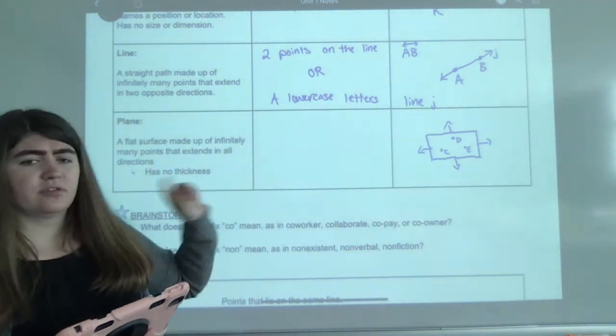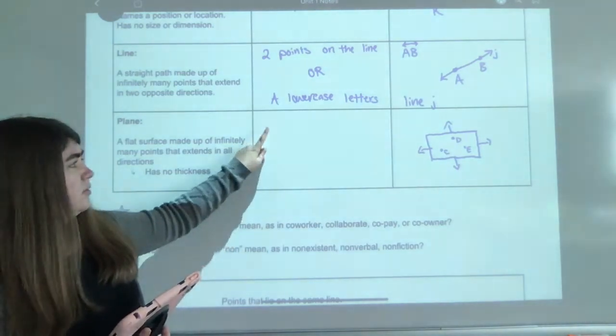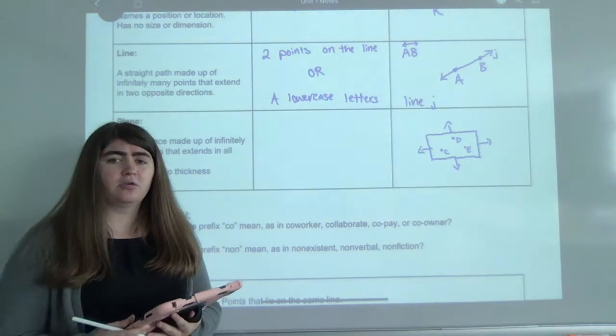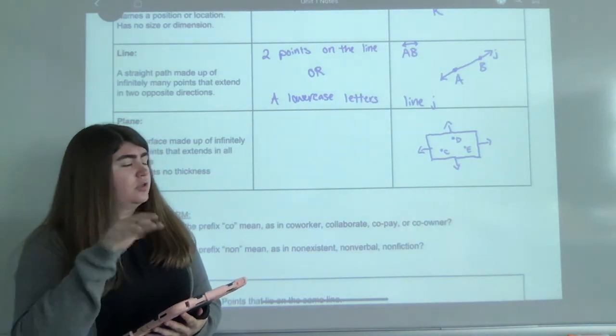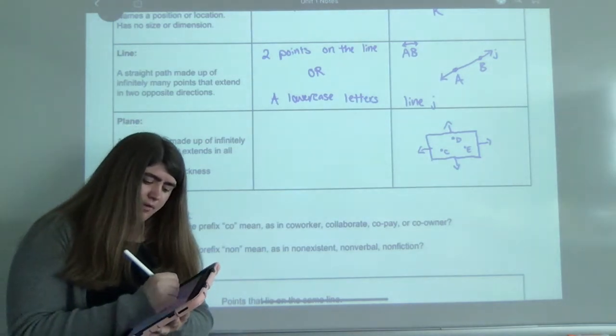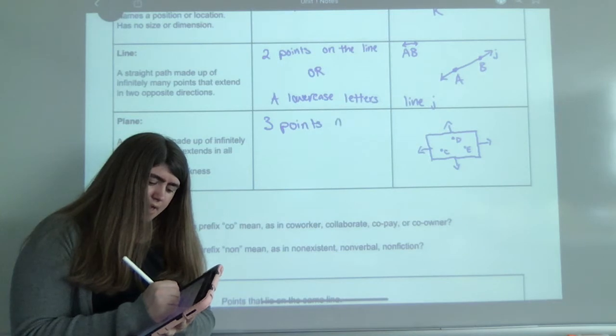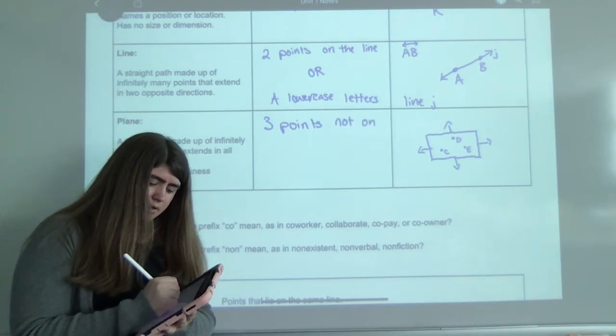One of the ways, again, 2 ways for naming a plane, one of the ways to name a plane is to use 3 points that are not on the same line. So we have 3 points not on a line.